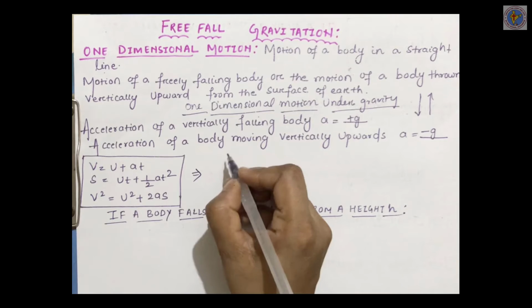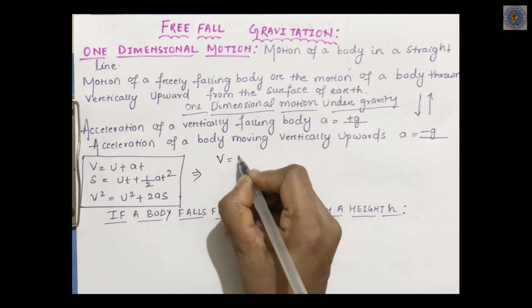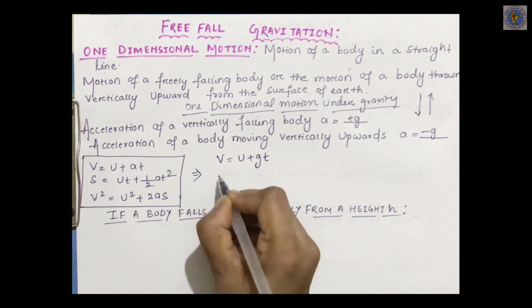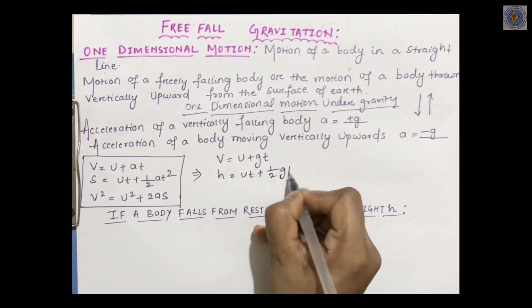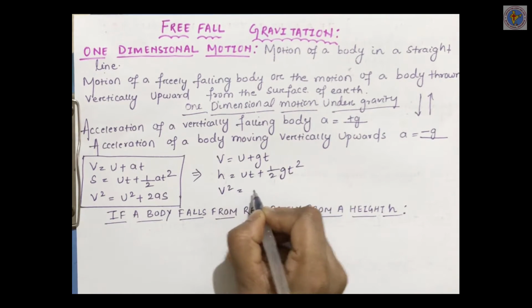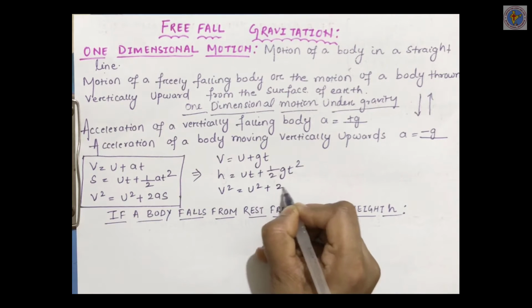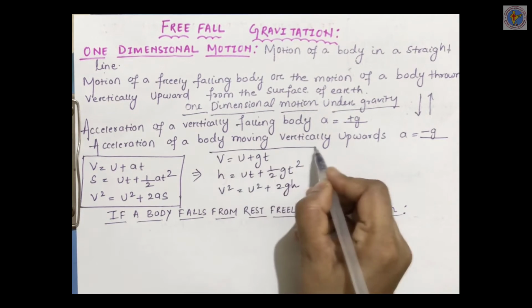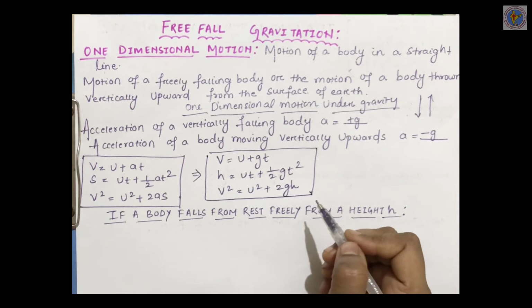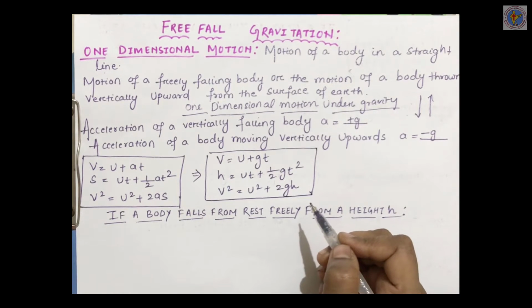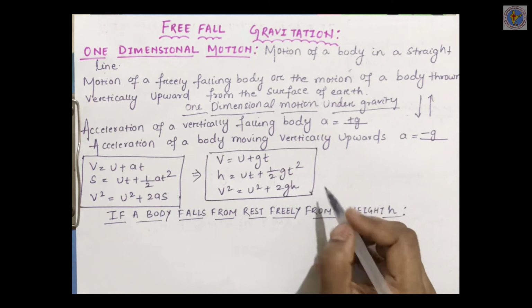These equations are v = u + gt, h = ut + half gt square, and v square = u square + 2gh. These three equations are the equations of motion for one-dimensional motion under gravity.